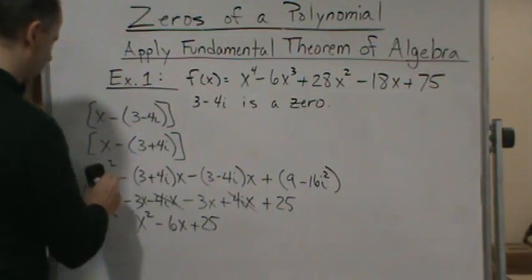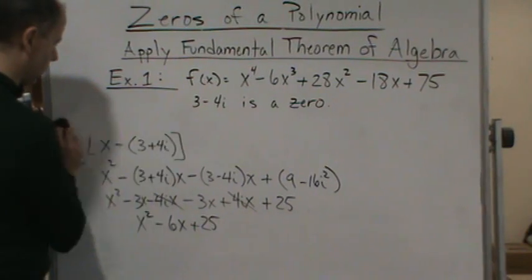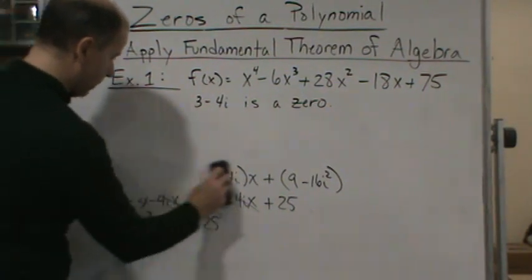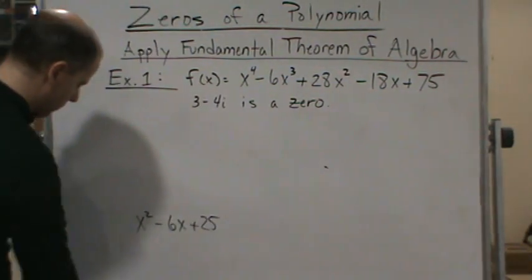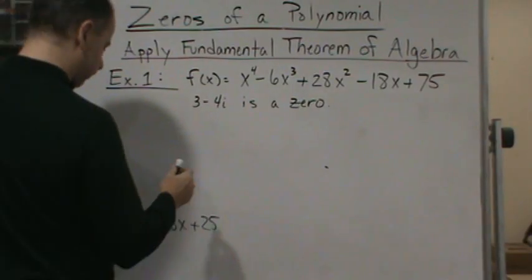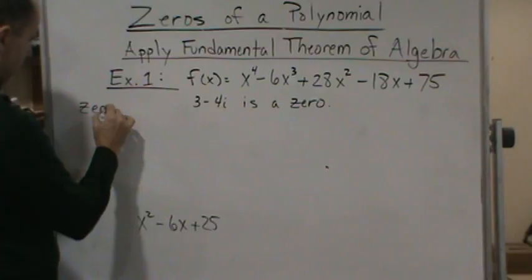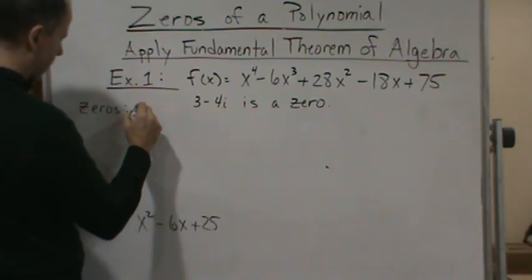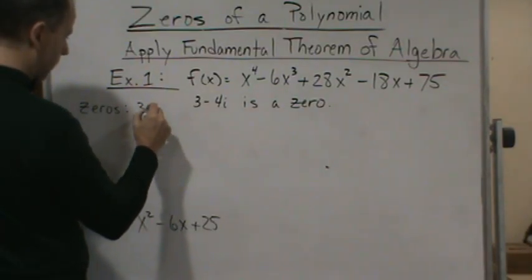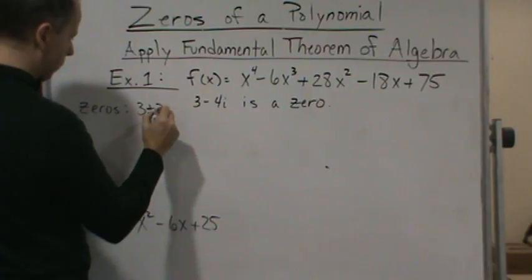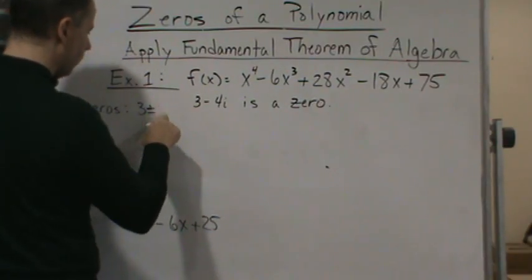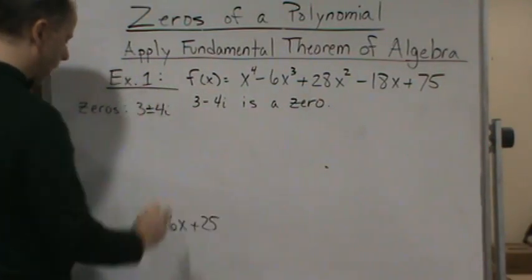So let me erase all this. Okay, so let's do the zeros here. So we've got 3 plus or minus 4i.